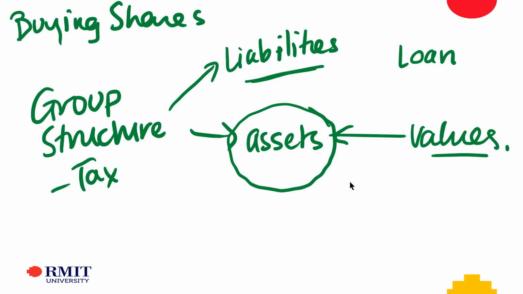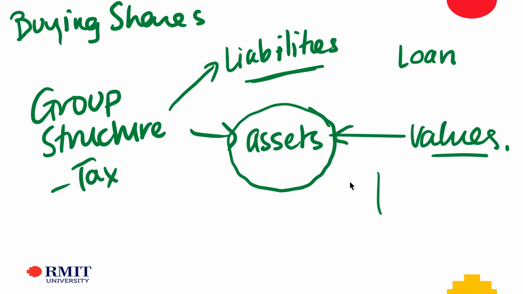So one of the things it's going to want to do, for a different reason, is make sure that all of the assets that are associated with making those widgets, selling those hamburgers, developing that software, whatever the business does, are actually owned by the company.